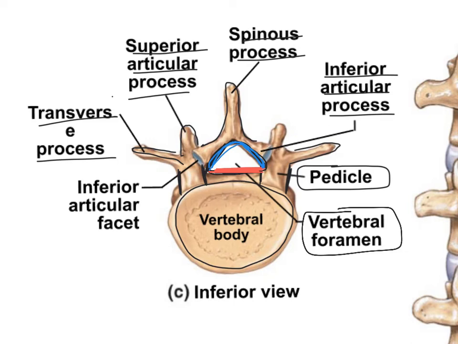We've got the pedicle right here, and then from the pedicle you have these two lamina that come together to create the spinous process. So again, if you watch that other video, it's going to look and make a lot more sense, right? So I'm going to have you do that in lab today.